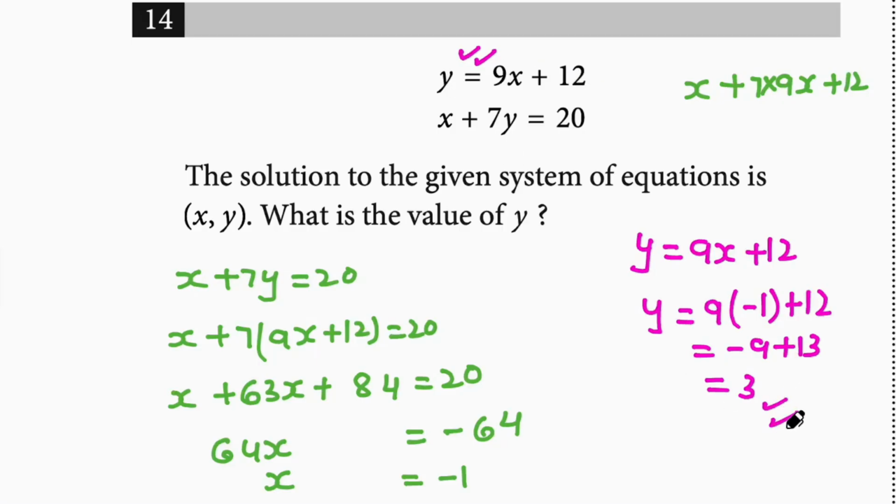This is what we have done, so no need to do it again. Let's plug it in the second one. When x is negative 1 and y is 3, it is negative 1 plus 21, which is 20. Yes. So now I have solved the question and I am confident that whatever I have written is correct. So that is always a good option to check your answer.